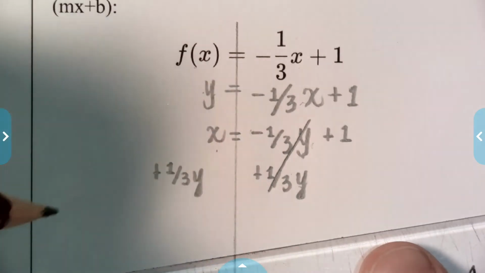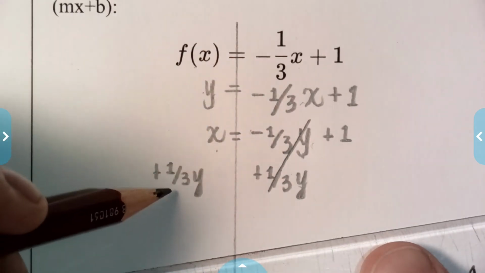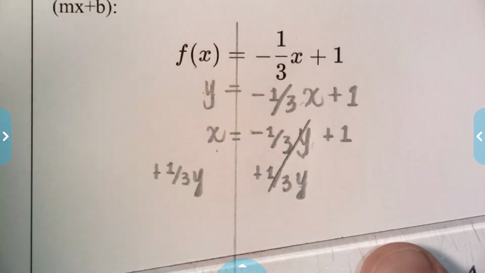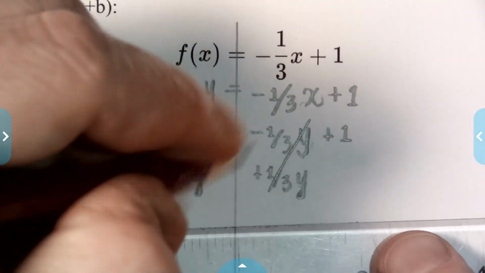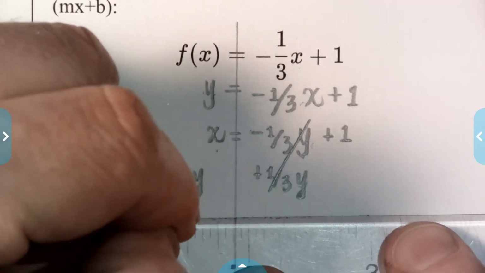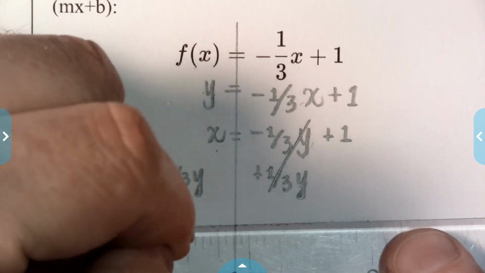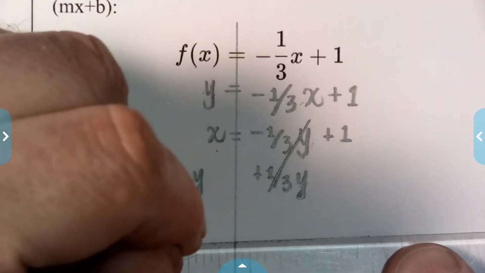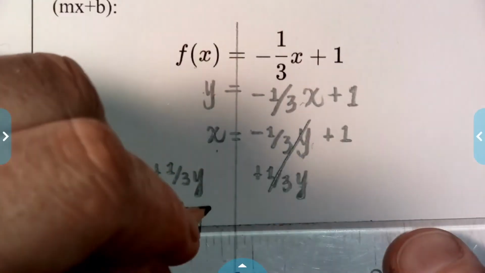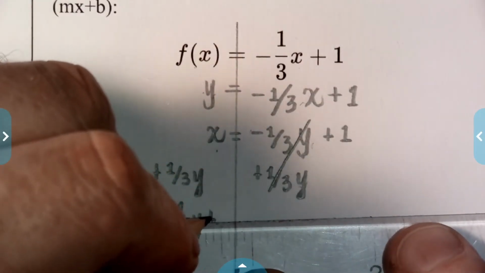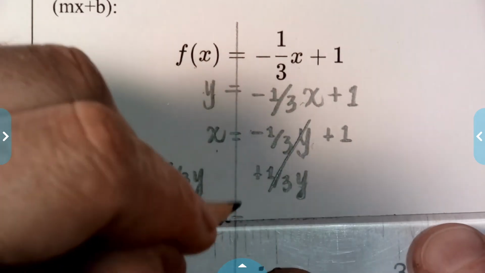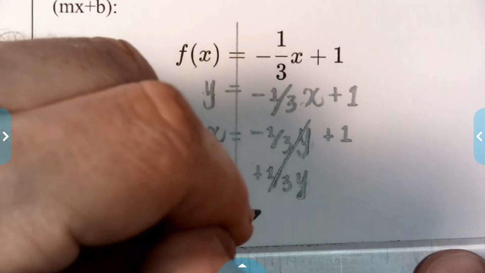So now when I rewrite this, I'll drop the plus symbol and just lead with the 1/3 y plus x equals 1, okay? And so we'll go back to writing the fraction properly. 1/3 y plus x equals 1.